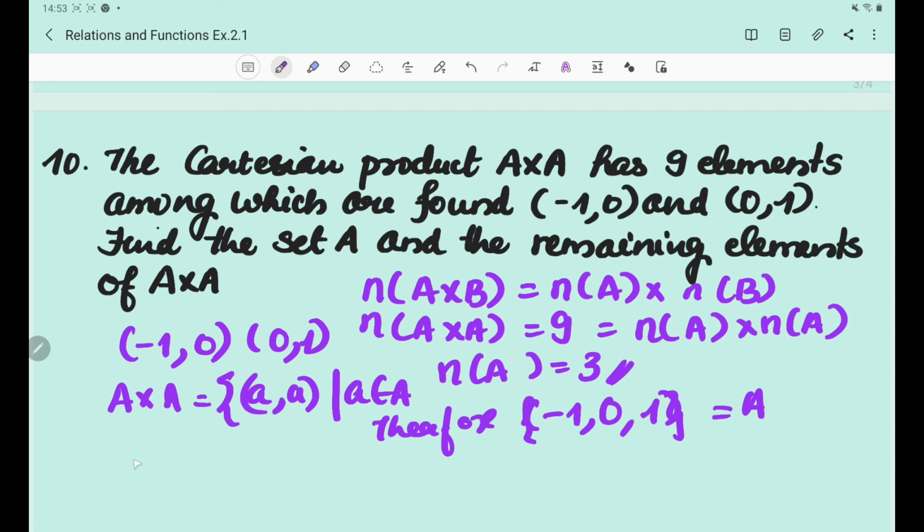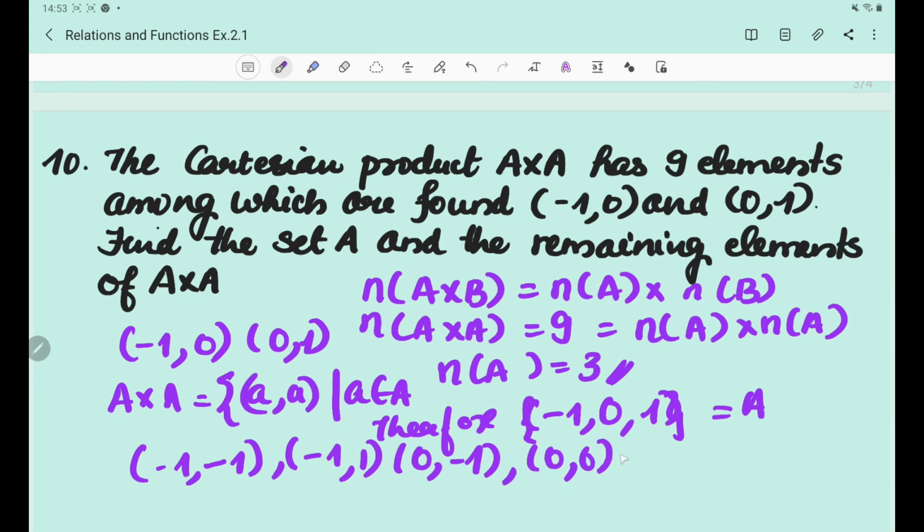What are they? (-1, -1), (-1, 1), (0, -1), (0, 0), (1, -1), (1, 0) and (1, 1). So these are all the 9 elements of the Cartesian product A cross A.